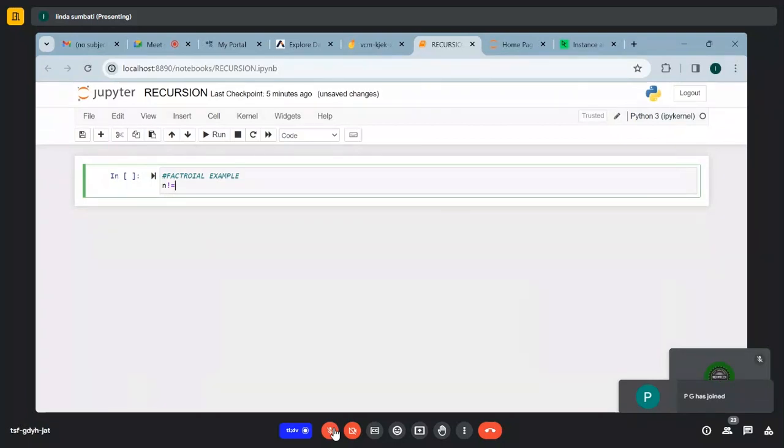It means n times n minus 1 times n minus 2, then times n minus 3.